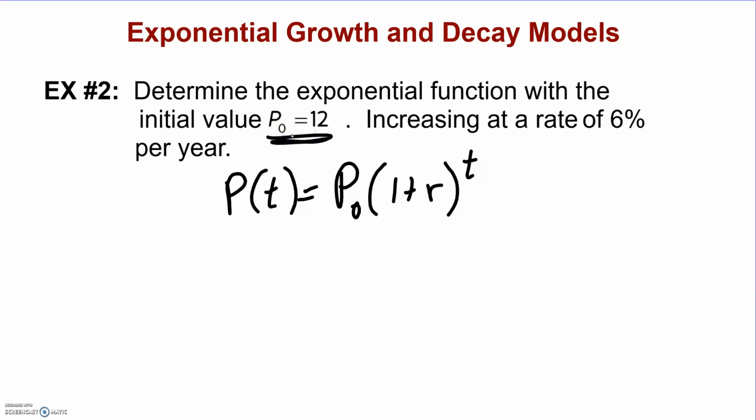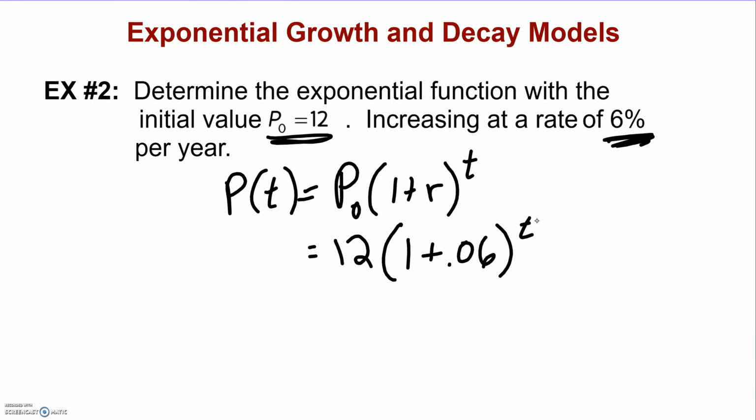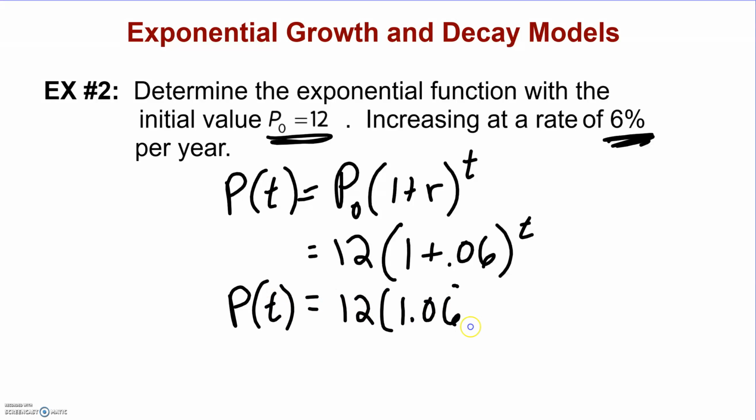The initial population is 12. It's increasing at 6% per year, so that's R, 0.06, to the t power. So it's just simply P of t equals 12 times 1.06 to the t power. And that's all there is to that one. Pretty straightforward.